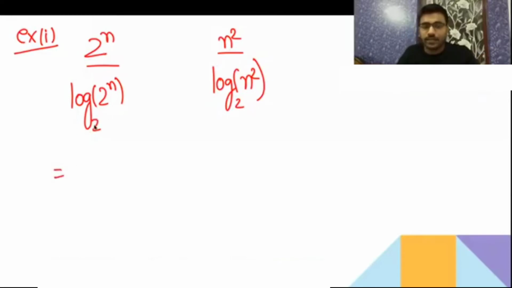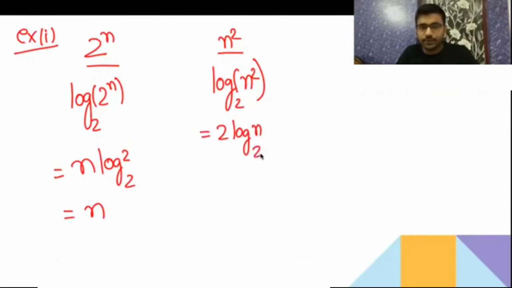The power will come outside in the beginning, then log 2 base 2 is going to be 1 only, and here 2 log n will come. Am I clear? Here you are getting n, here you are getting 2 into log n. So log n is smaller than n.